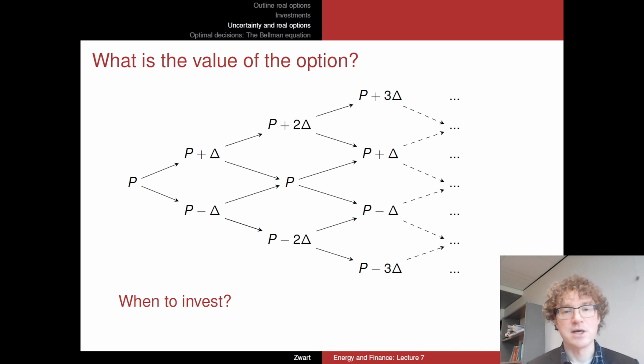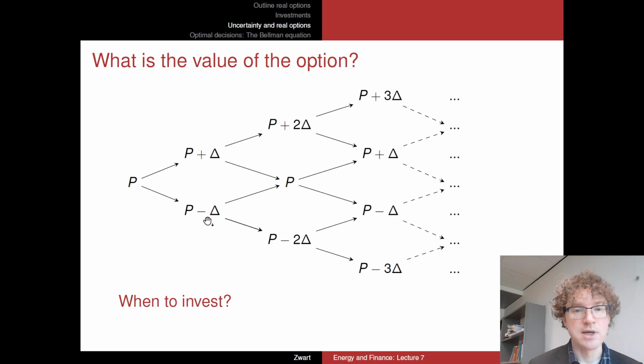So here's a figure which describes the price movement. Today we sit at this point where we can observe the price. Tomorrow, or next year, prices might go up, increasing by some amount delta, or they might go down, decreasing by some amount delta. Then a year afterwards, price might again go up to P plus 2 delta, or it might go down.